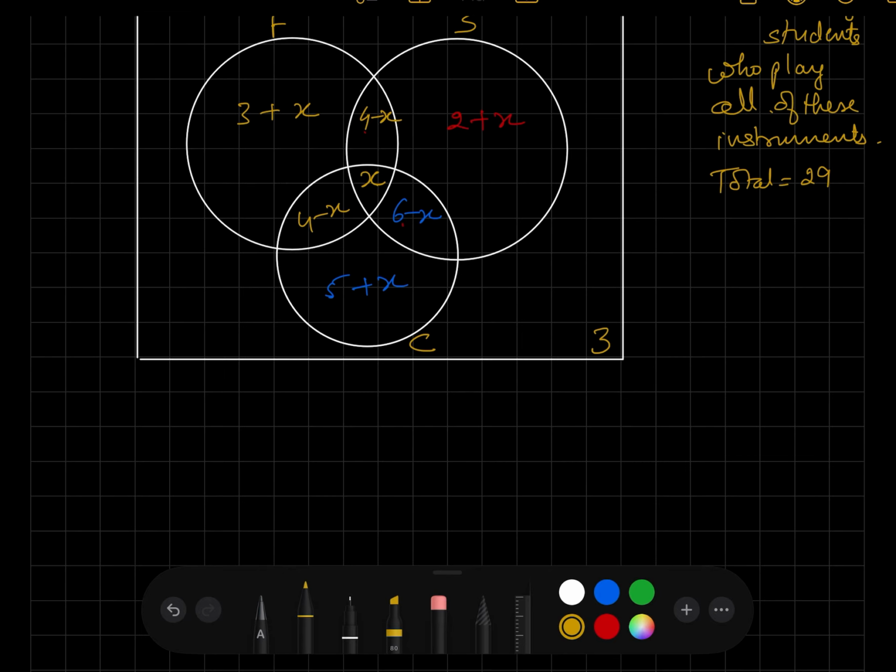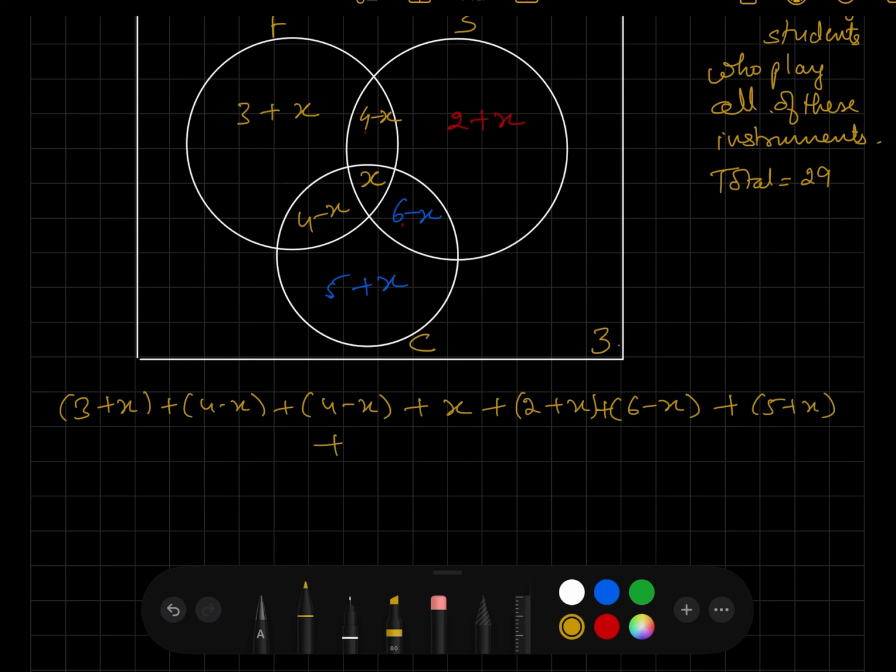In the flute section it is 3 plus x plus 4 minus x plus 4 minus x plus x, then plus 2 plus x for saxophone, then plus 6 minus x, then plus 5 plus x, and of course plus 3 outside. This whole is equal to 29.